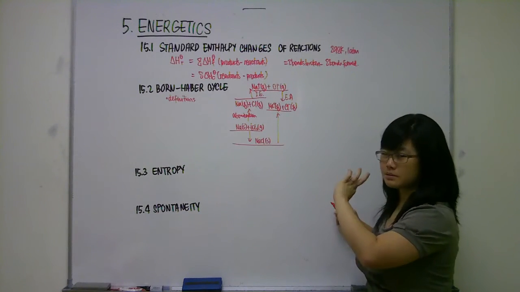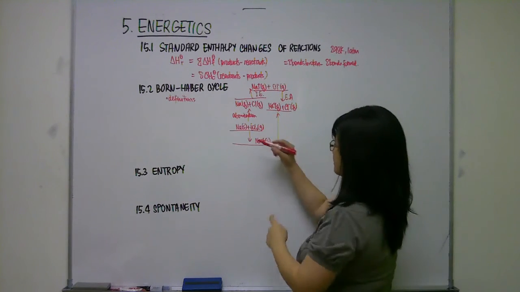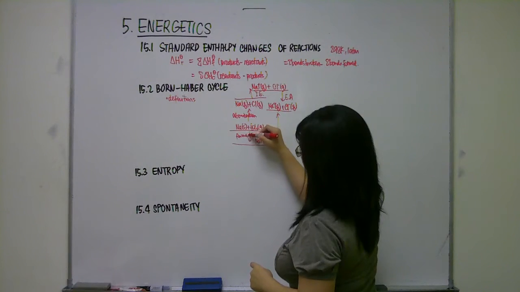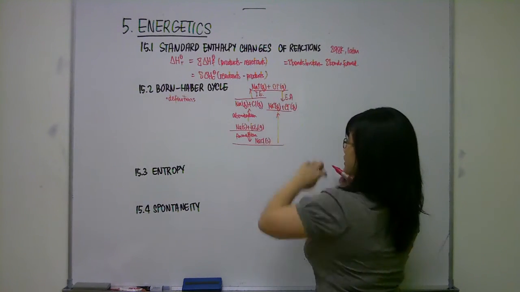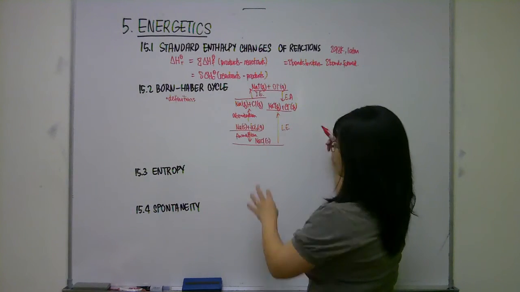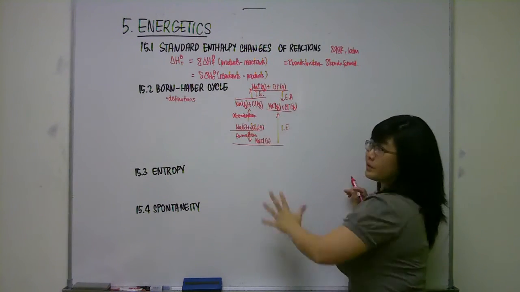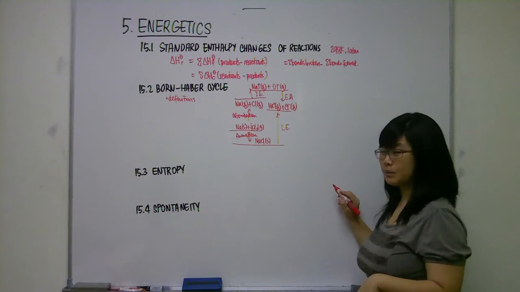It involves the same steps all the time: formation, atomization, ionization energy, electron affinity, and lattice enthalpy. So you need to explain the definition of each and can give the students examples of each.